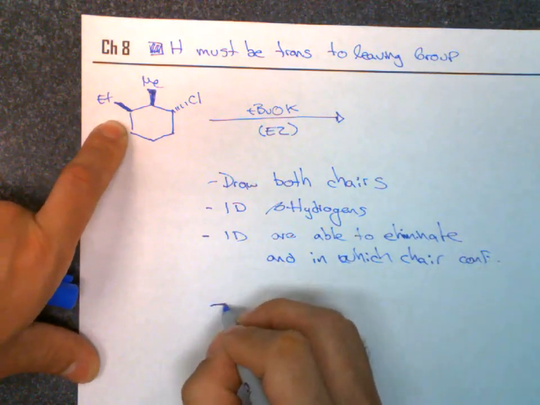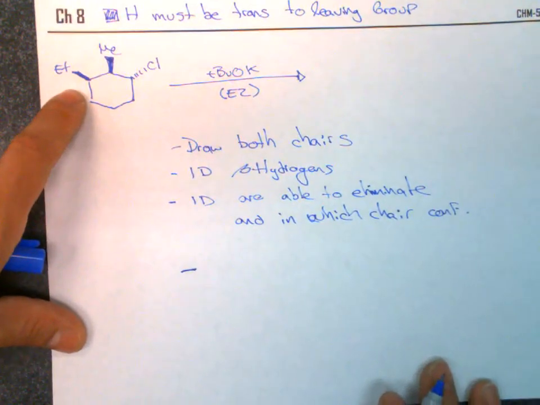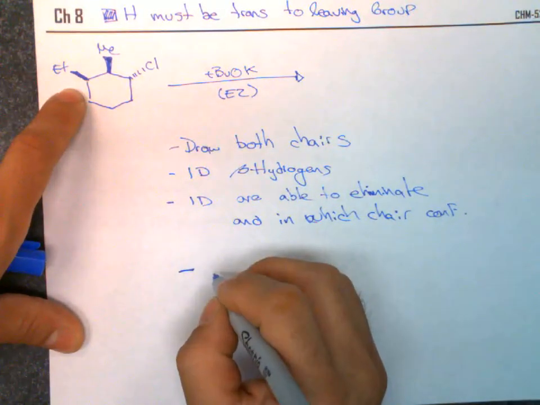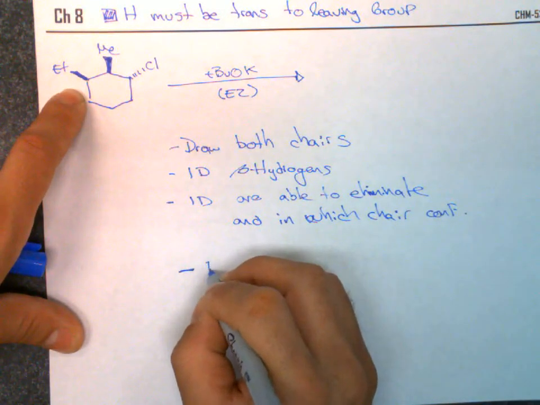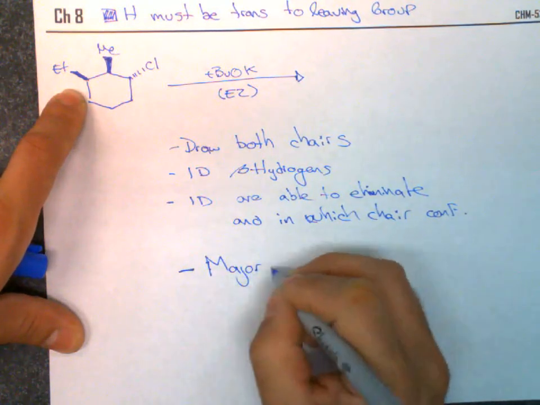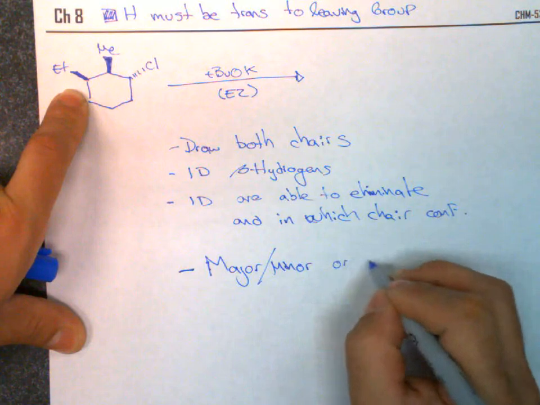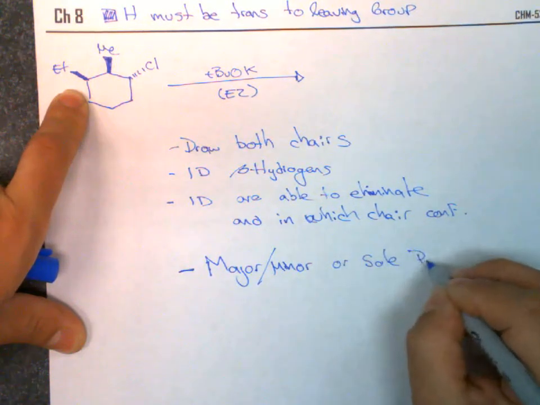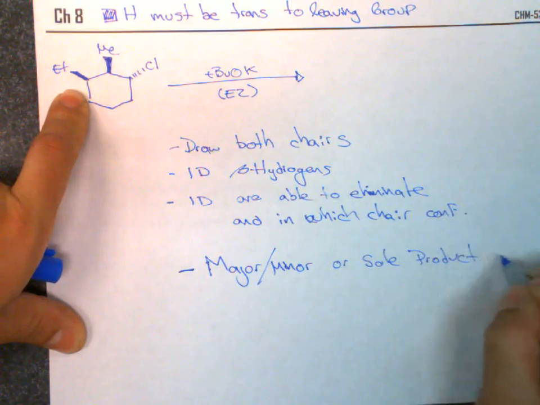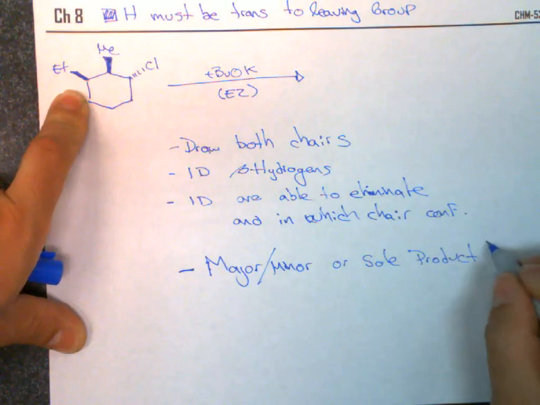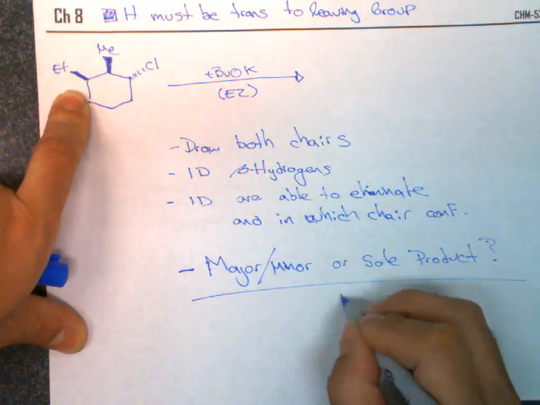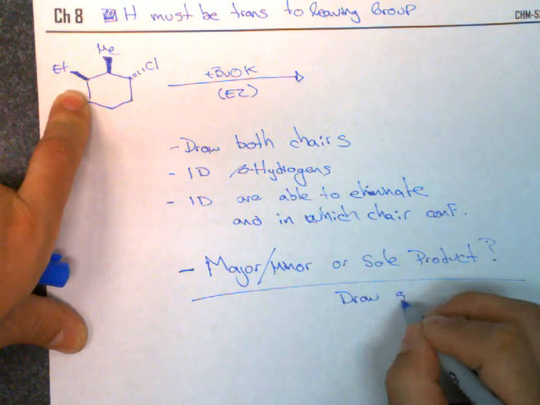And after that, only after you've done that, then you're going to come up with major or minor products, if there's any, or whether a sole product is obtained. And you have to draw the structure.